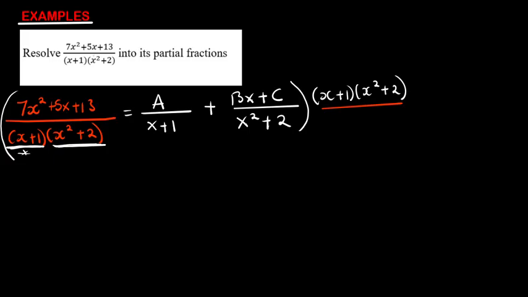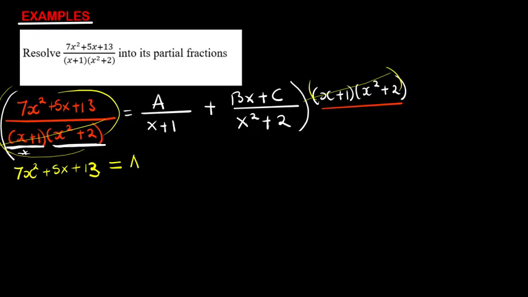I'll be multiplying them by everything here, so what will happen is that this part and this part will cancel. The only thing I remain with is 7x squared plus 5x plus 13, equal to.